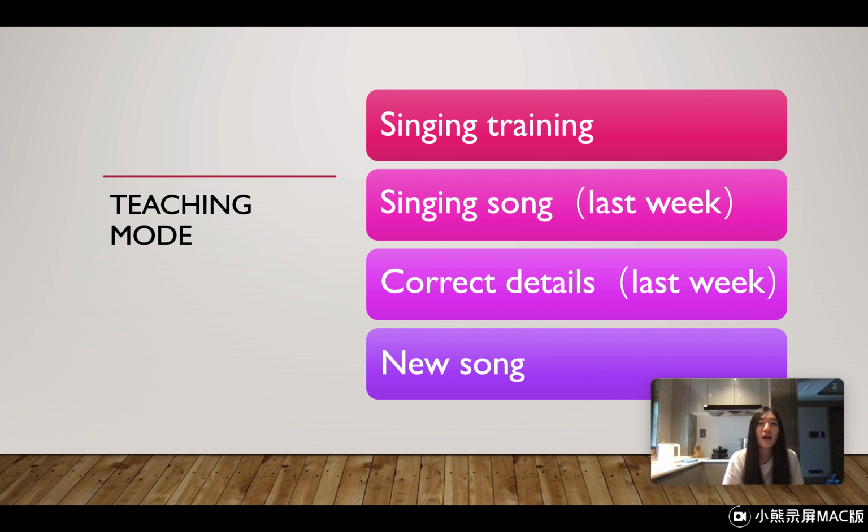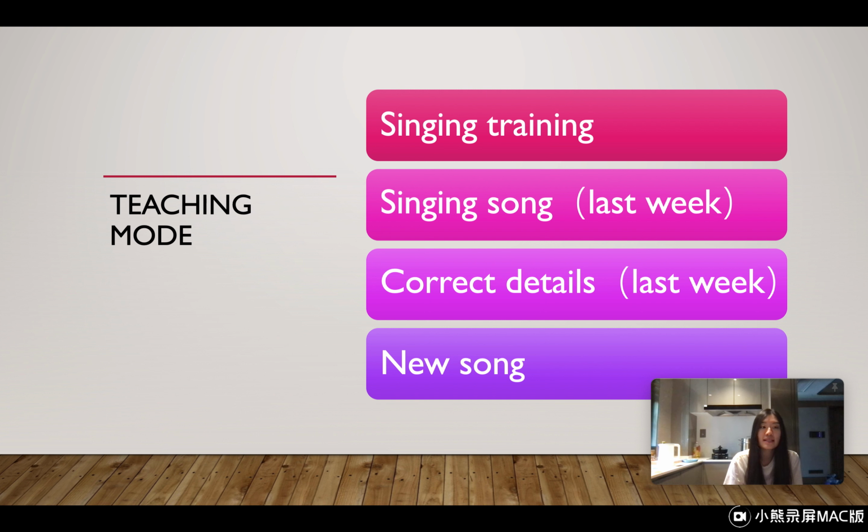This means correcting the details in the last song. Finally, learn new music. When necessary, some video examples can be given for analysis to help students quickly understand the new music.